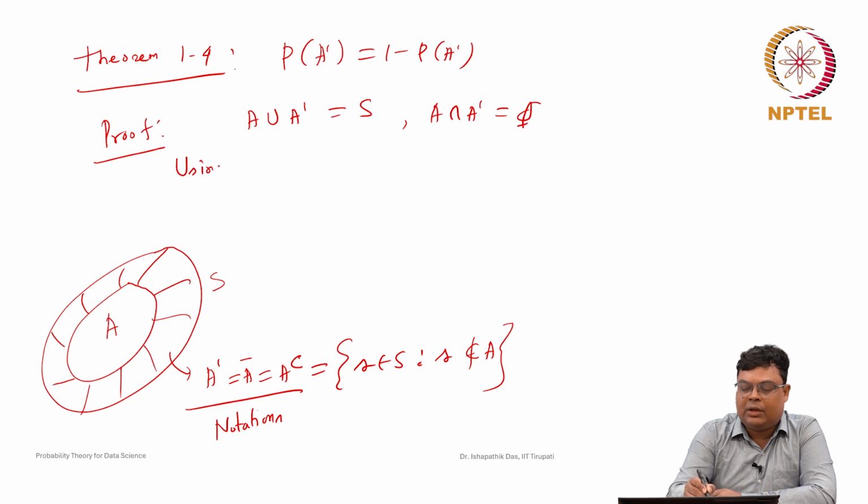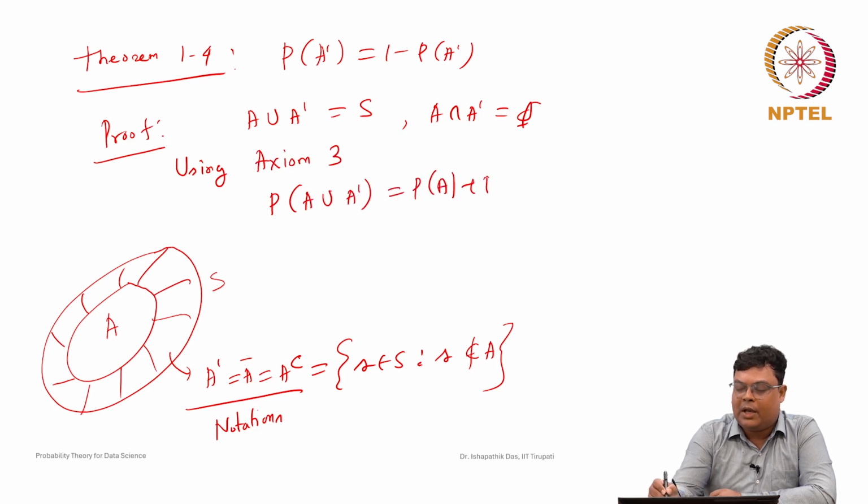So, using axiom 3, P of A union A complement is probability of A plus probability of A complement, because they are disjoint.